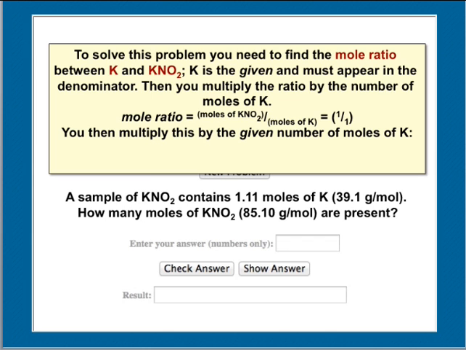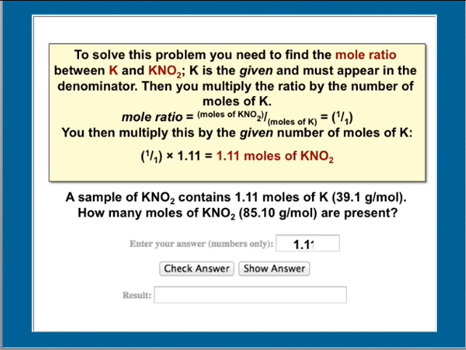So we know our number of moles, that's our given. Here's our mole ratio. Multiply them, and we get 1.11. Again, we could have done that in our head. Any questions?